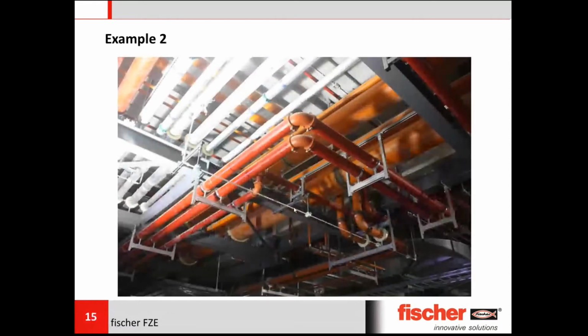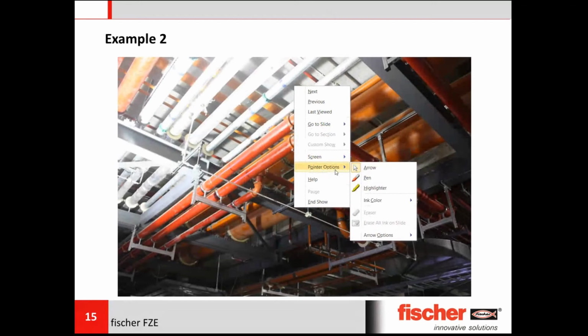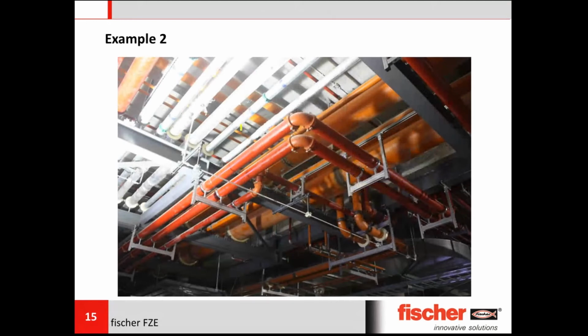This is another example of a complex firefighting pipe support. You can see there are multiple firefighting pipes in the picture, some of which are not coming directly below the steel structure itself. For example, here you have a firefighting pipe, but the steel beam is here and here.